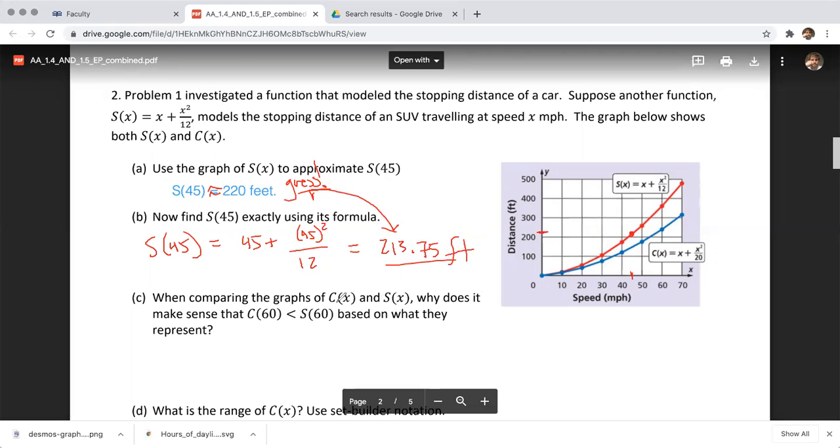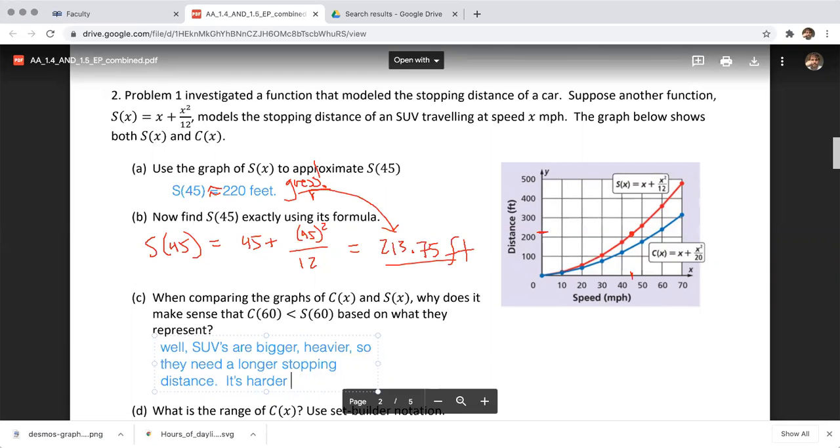Okay, when comparing the graphs of C of x and S of x, why does it make sense that C of 60 is less than S of 60 based on what they represent? So basically what we're asking is, why would the stopping distance of a car traveling 60 miles per hour be less than the stopping distance of an SUV traveling 60 miles per hour? And so the answer to that question is, well, SUVs are bigger, heavier, so they need a longer stopping distance, right?